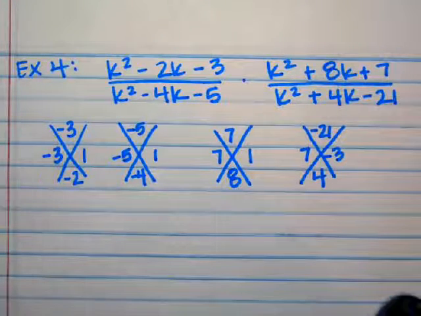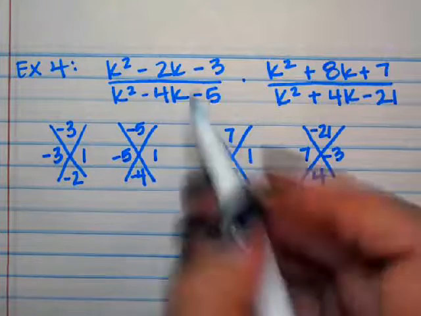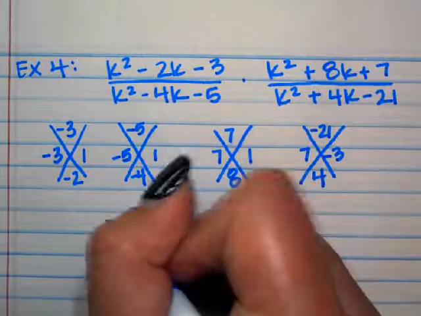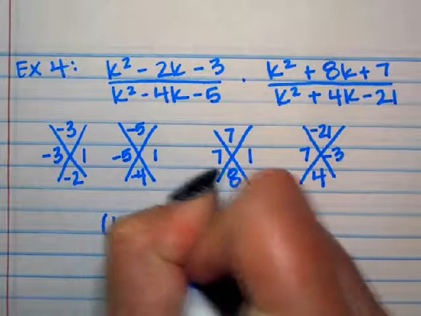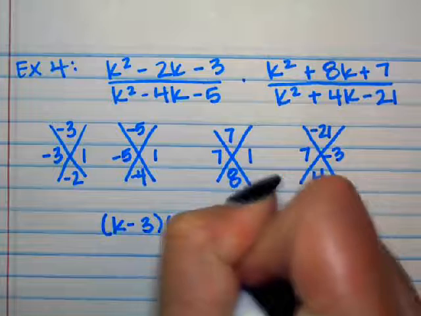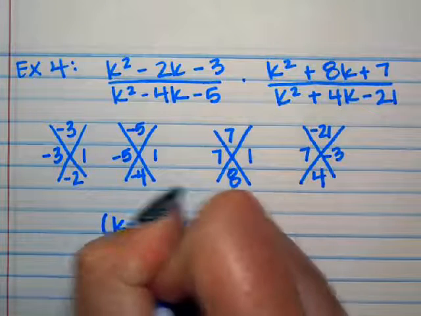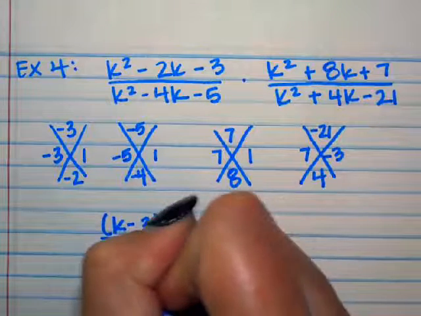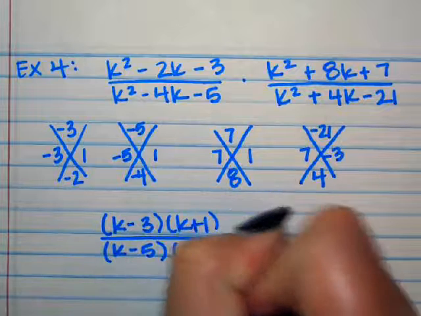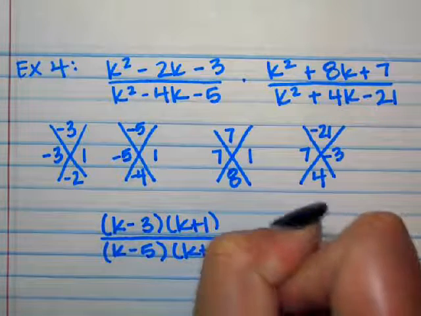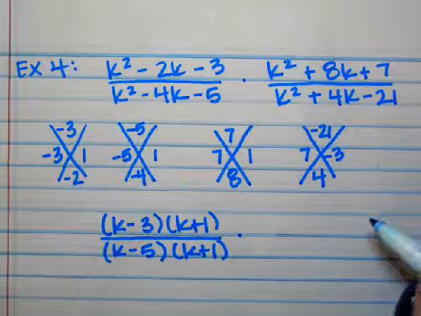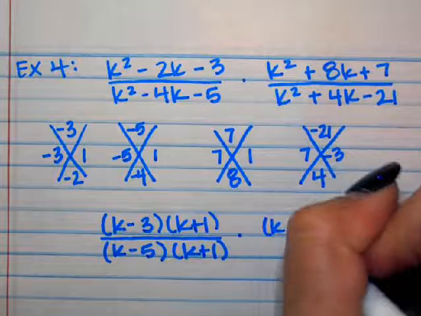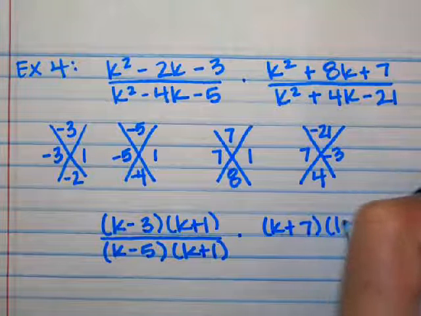Okay. So if we write those factors down, for the top left one, we have k minus 3, k plus 1. On the bottom, we have k minus 5, k plus 1. The top right, we have k plus 7, k plus 1.